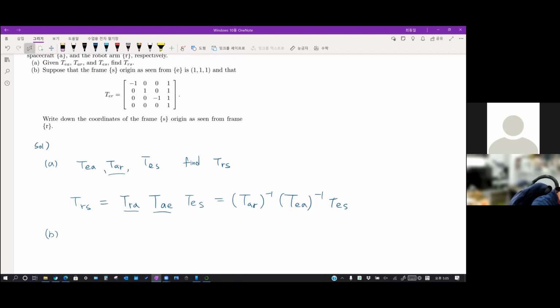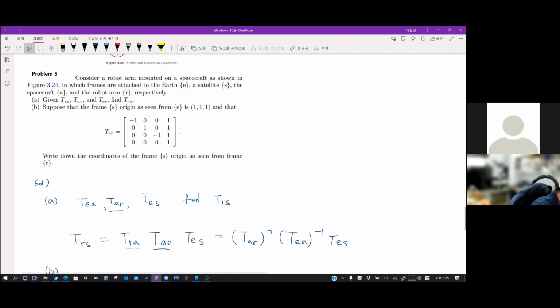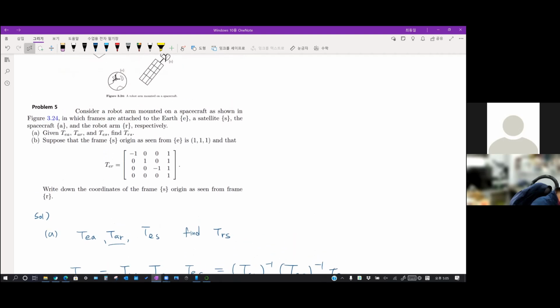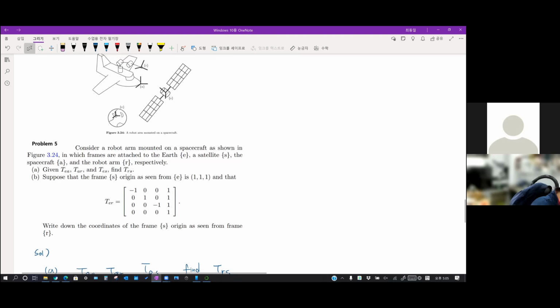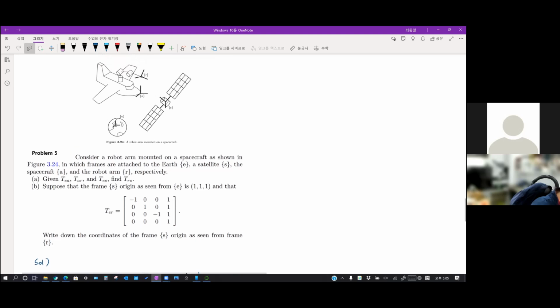And suppose the frame S is T. Suppose the frame S origin as seen from E is 1, 1, 1.